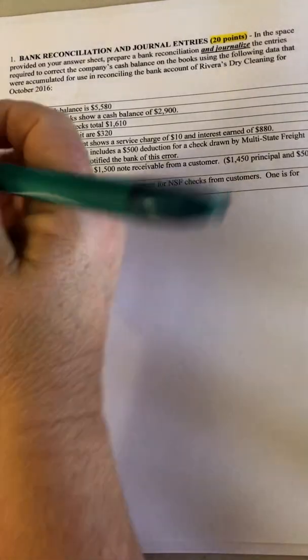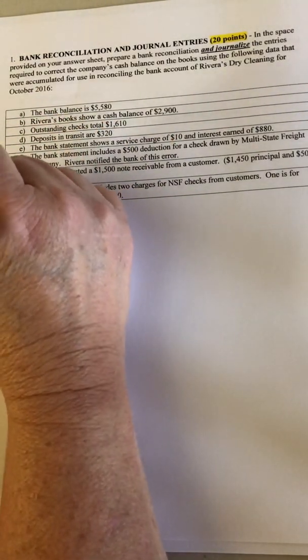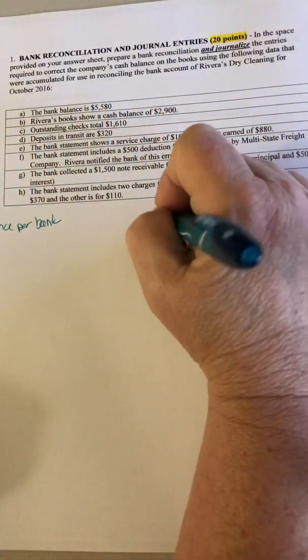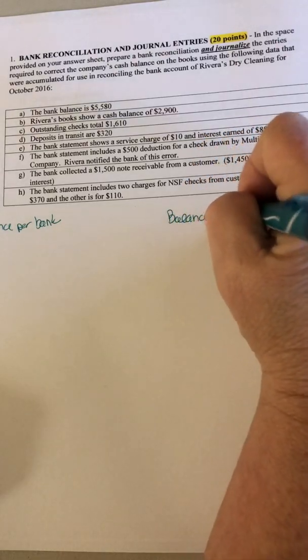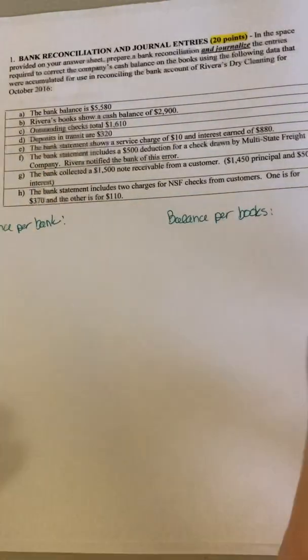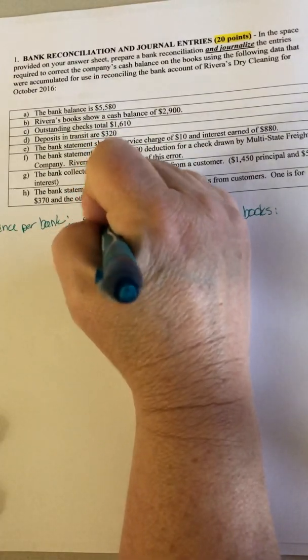All right, so for bank reconciliation, remember you do balance per bank on one side, and balance per books on the other. And then you start working your way through. The bank balance is $55.80.